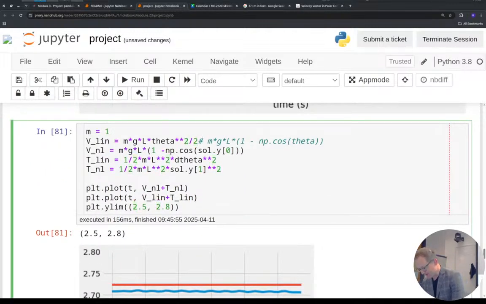Like you were saying in the beginning, why do we have a cosine for a linear problem? Well, if we change that to MGL theta squared over 2, since we said it's a linear function, then it should have a parabolic potential energy, not a cosine potential energy. Negative cosine at the bottom kind of looks like a parabola, but it's not exactly a parabola. So the bigger the angle, the bigger the error we have.